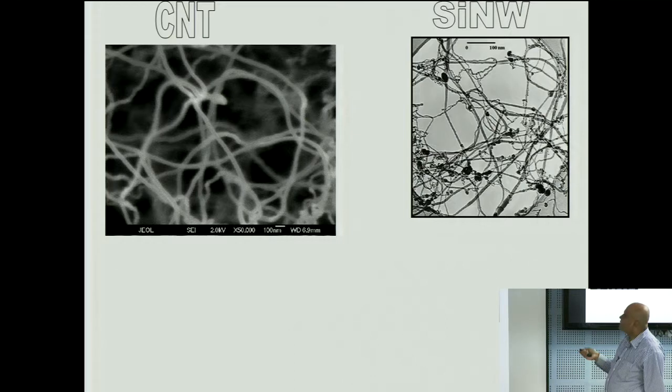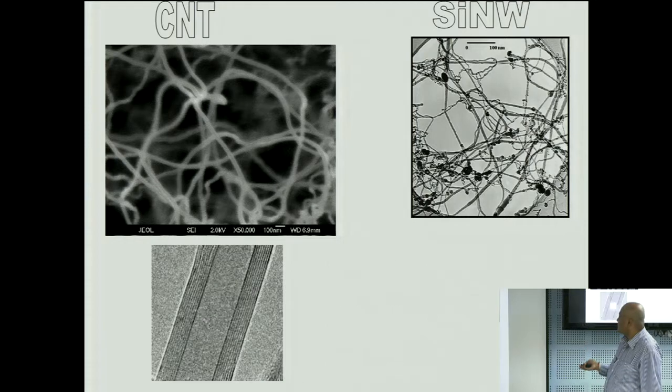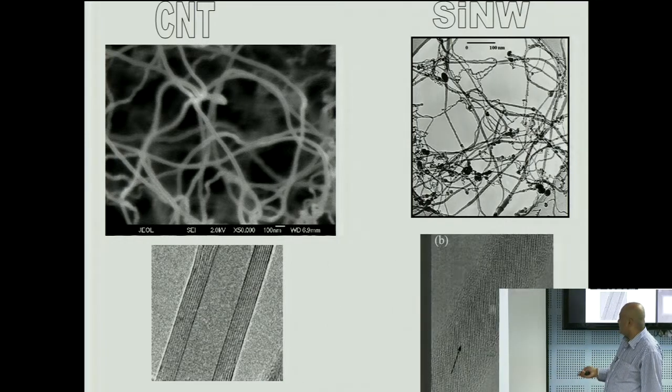If I did not put the label on top of it, you would not have been able to tell which one is silicon and which is carbon. But if you look into the details at higher resolution, this would be hollow, this would be a tube, and this is a solid structure. See, there is nothing.